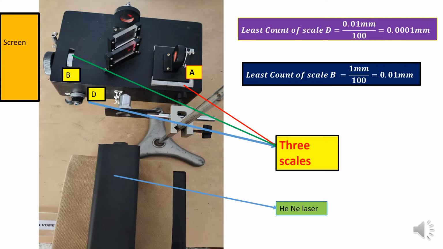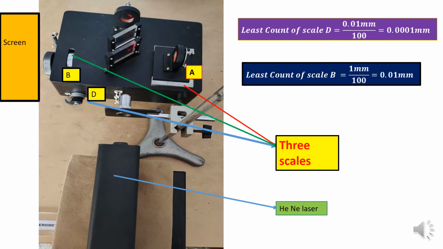Now this is a picture from the other side of the Michelson interferometer. This is the same thing. This is the laser, this is a beam splitter. These scales you can see here, and this is also a scale, not seen very clearly. Here will be the screen where the image will be formed.